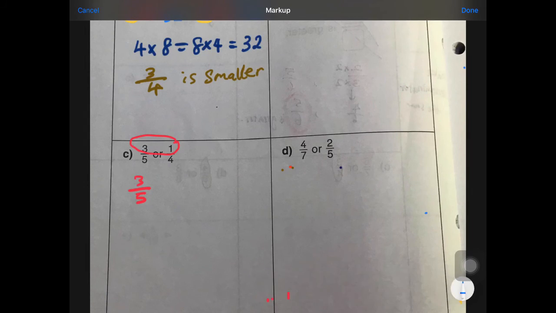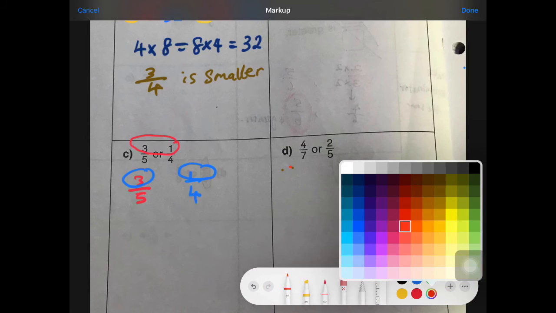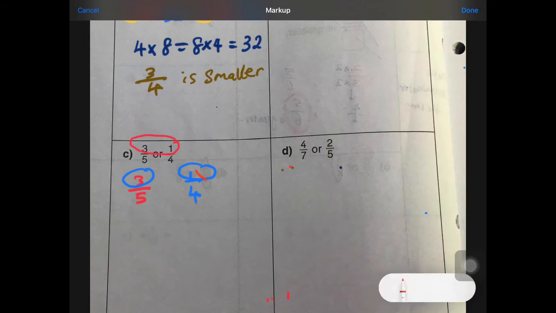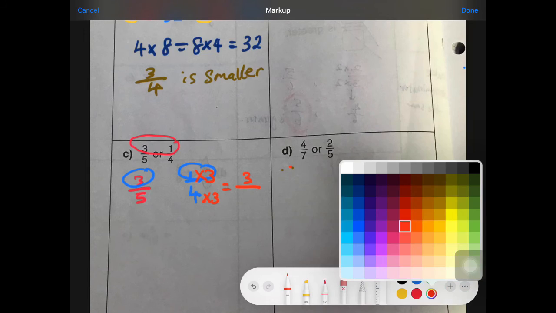And let's look at 1/4, right? How can I make them the same? 1 times what to give you 3? 1 times 3, yes. After you times 3, you will get 3 out of 12.